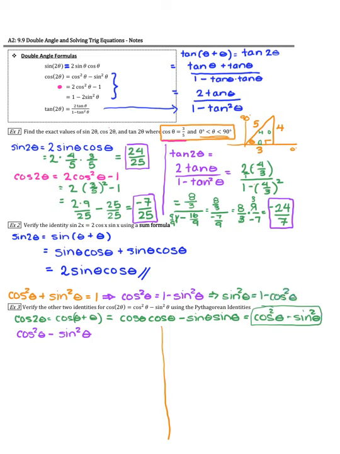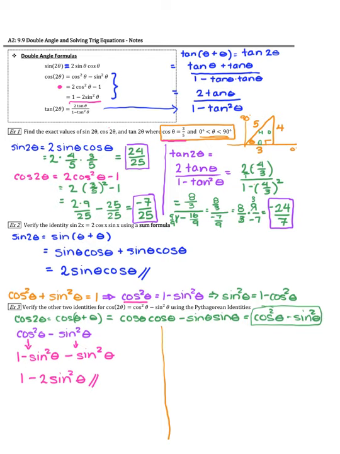So what we're going to do is a little bit of substitution. So let's do cosine squared first. So I'm going to substitute cosine squared with 1 minus sine squared. And then I still have minus sine squared. So putting it all together, I have 1 minus 2 sine squared theta. And that gives you that last identity up there.